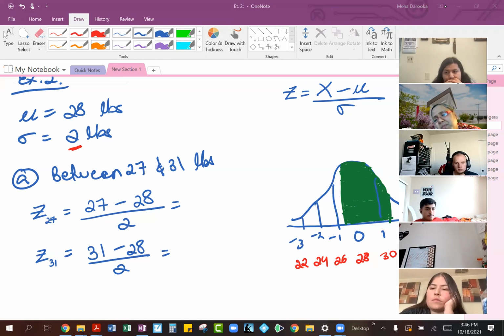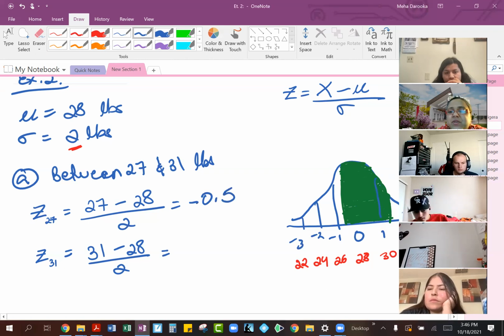Did you say 25? Negative 0.5. 0.5, there we go. Yeah, because you get negative 1/2 as that fraction, which as a decimal would be negative 0.5. Okay, very good. So negative was expected because 27 is a number smaller than 28. And then what did you get your z-score for 31, guys?